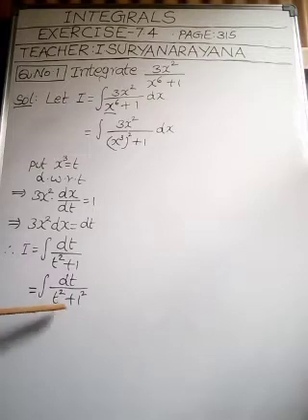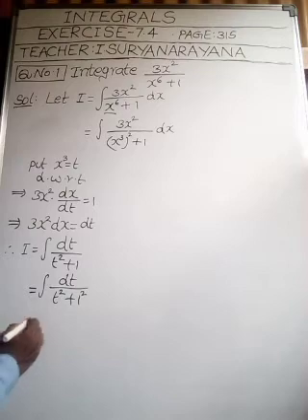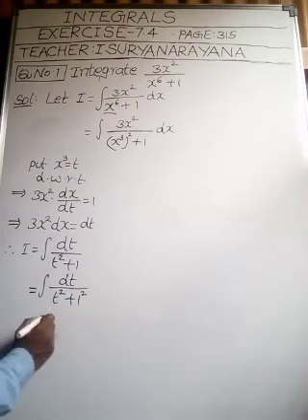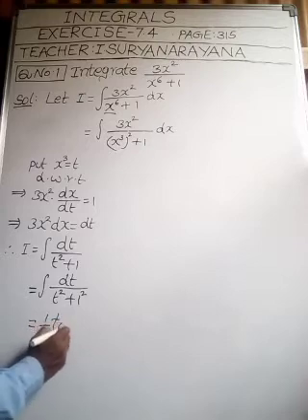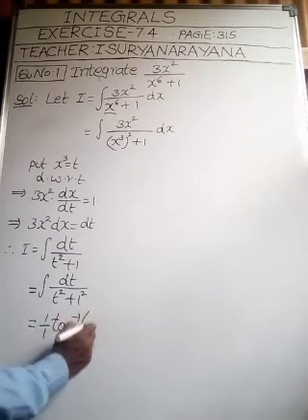Only the square term and constant term is there. So it is in the form of integral dx by x square plus a square. What is that formula? 1 by a tan inverse of x by a. Here what is a here? 1. So 1 by 1 tan inverse of t by 1.